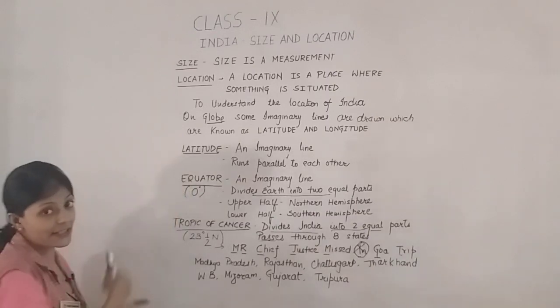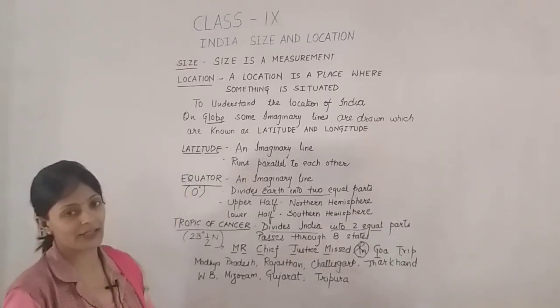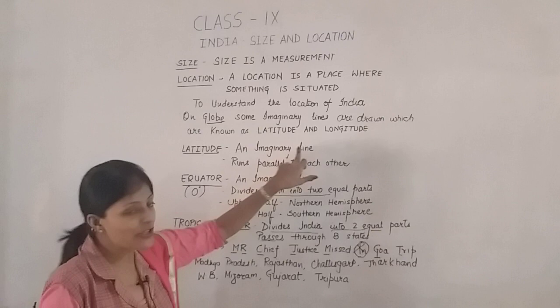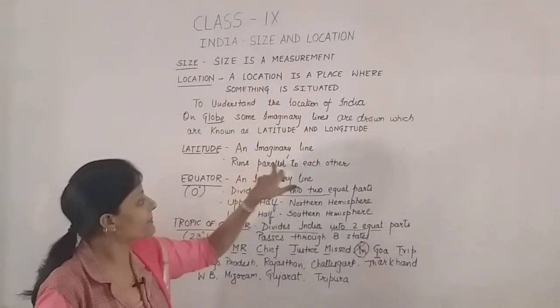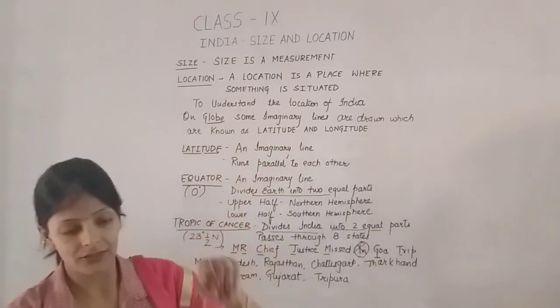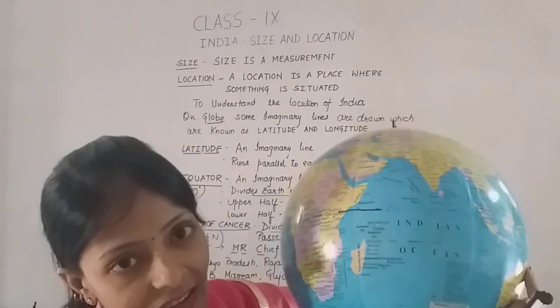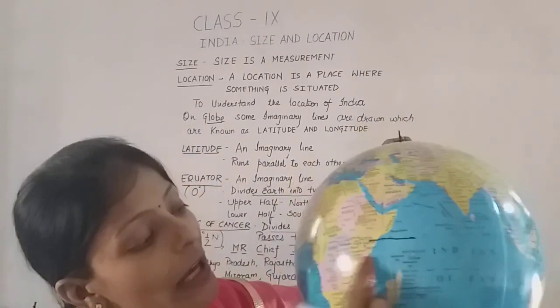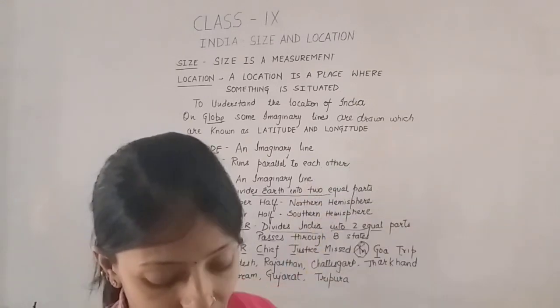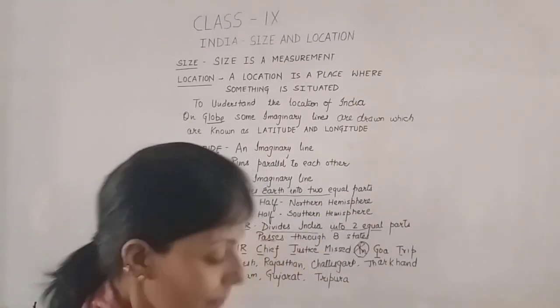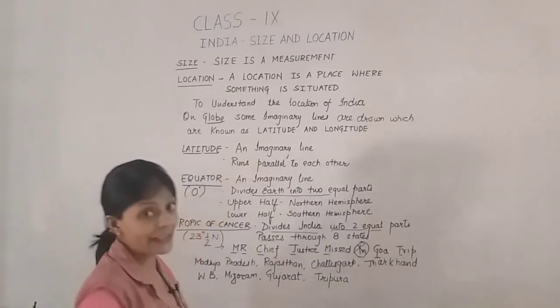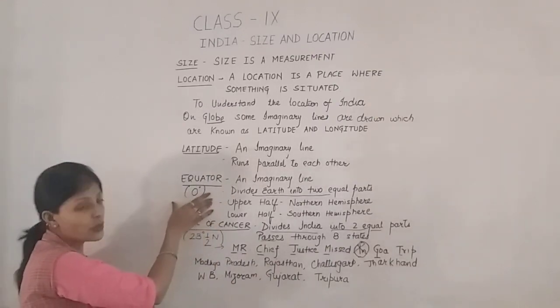Now, let's discuss about latitude, students. Latitude, an imaginary line, runs parallel to each other. These lines, which are horizontal, are latitudes and they are parallel to each other. Now, some important latitudes are, first is equator.